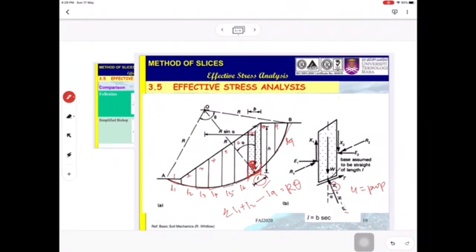Remember we have N and T. For effective stress there is always a prime sign. So shear strength is equal to C prime plus normal stress prime tangent phi prime.